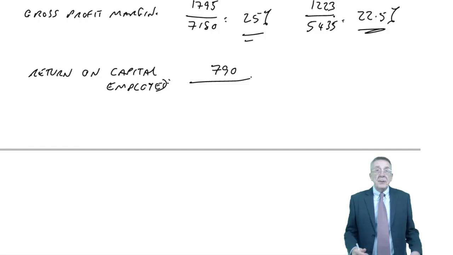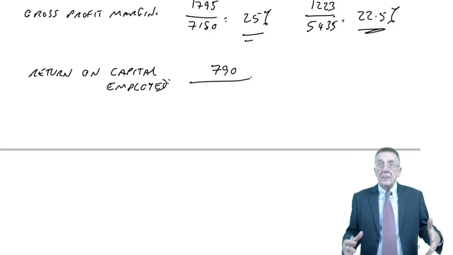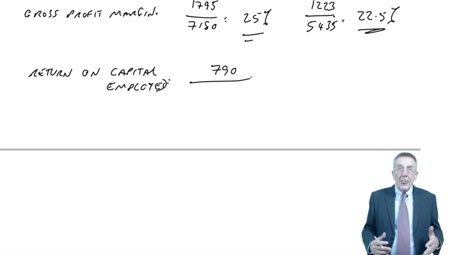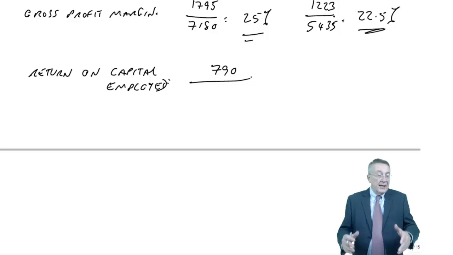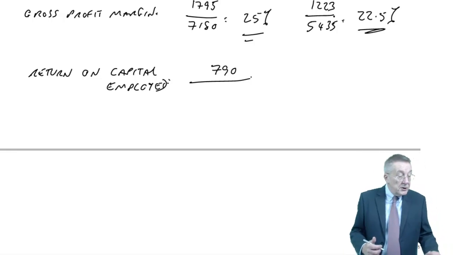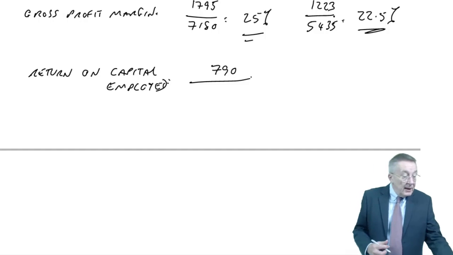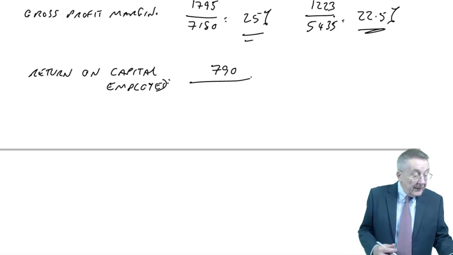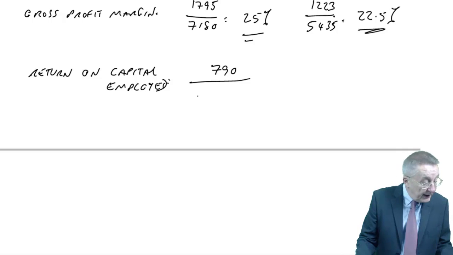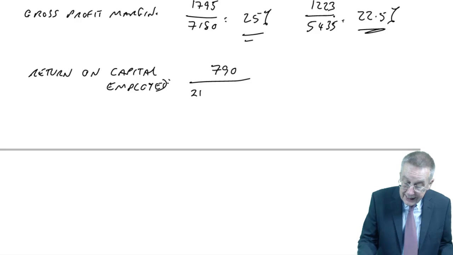The total long-term capital is the total long-term money in the business. And the business raises long-term money from two places. One obviously is from shareholders. And so if you look at the statement of financial position, the total raised from shareholders, share capital and reserves, is 2190.